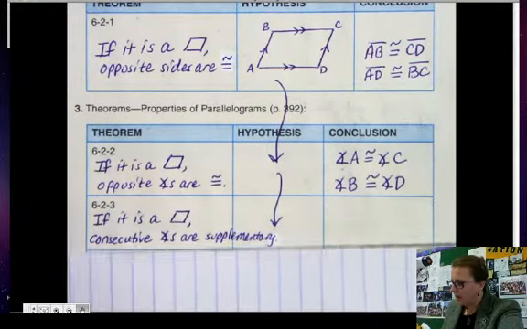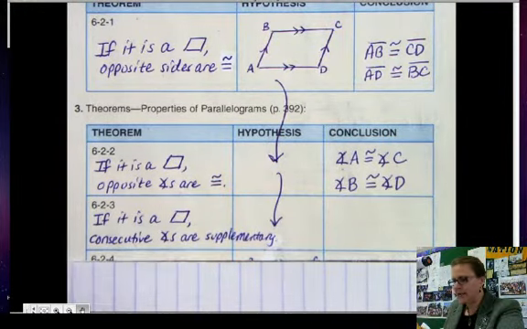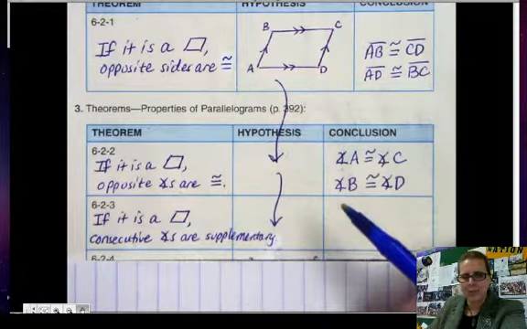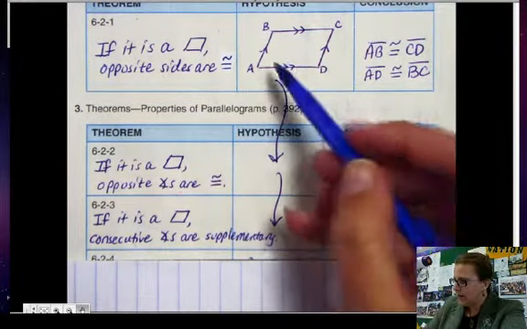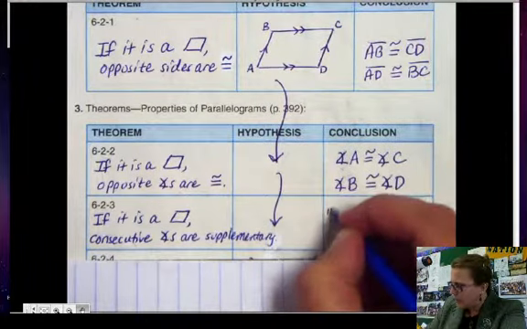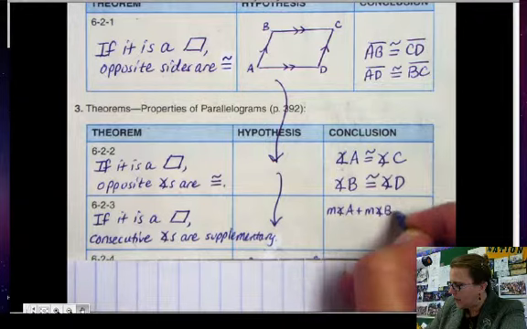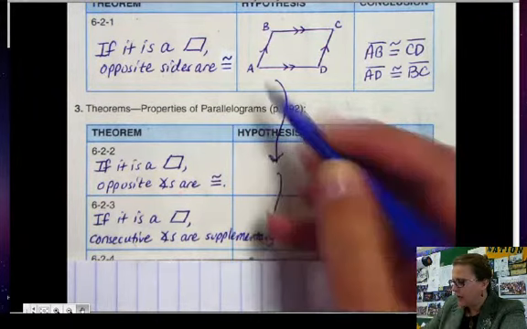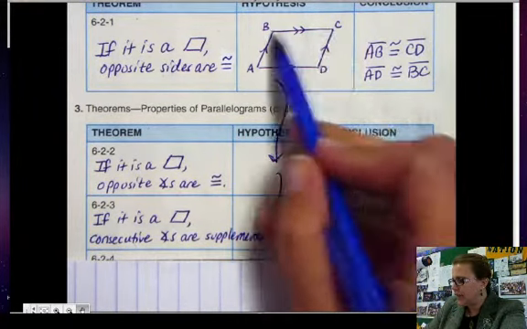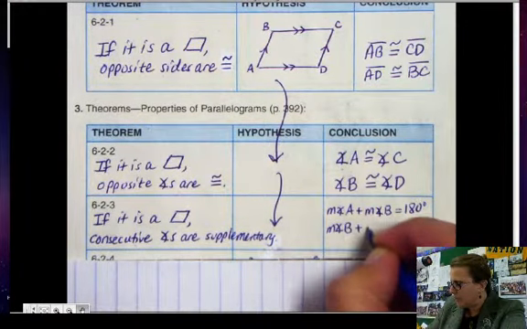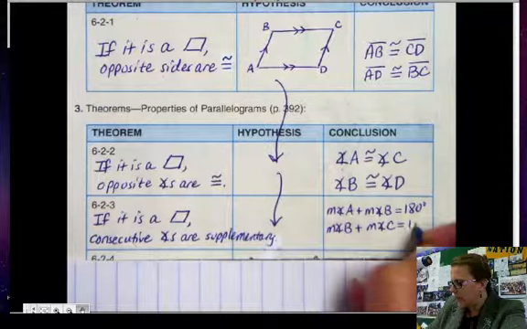Okay? Also, consecutive angles are supplementary. So consecutive means next to each other. So that means that A and B, so the measure of angle A plus the measure of angle B equals 180. It also means that B and C add to 180, so the measure of angle B plus the measure of angle C equals 180.